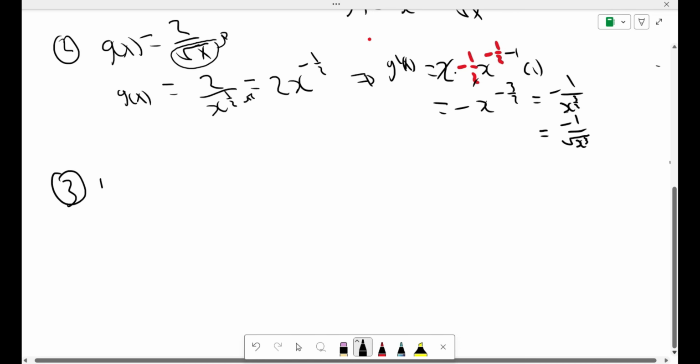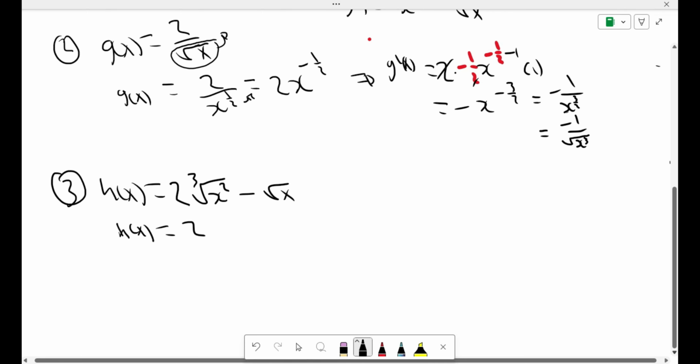This one I'll make it interesting. This one will have h of x as 2 times the cube root of x squared minus the square root of x. Now, first we must simplify h fully.